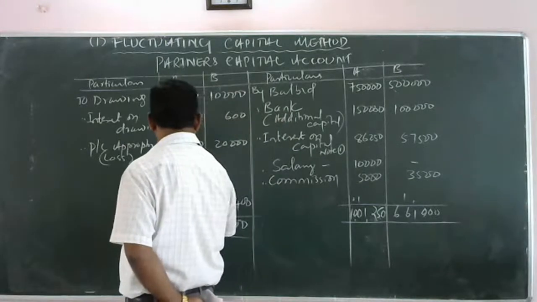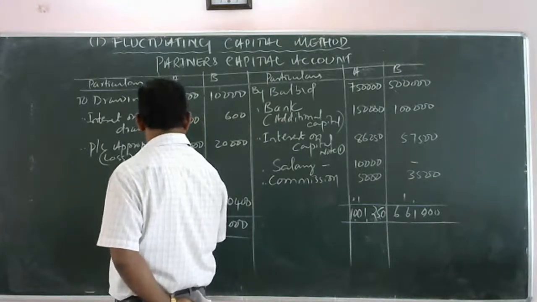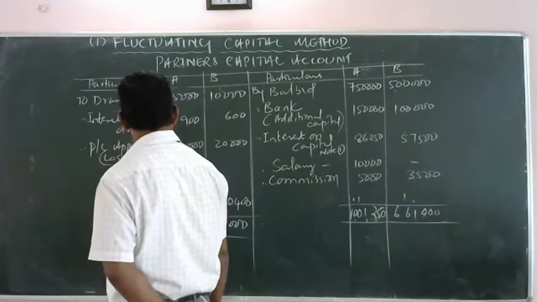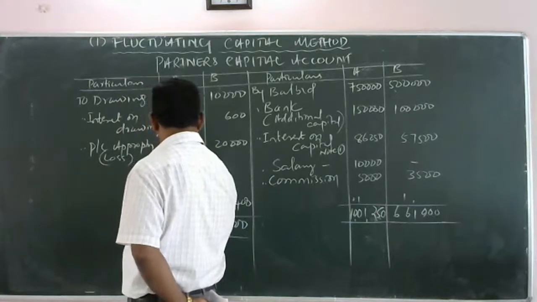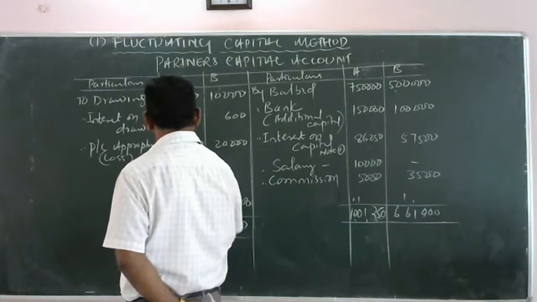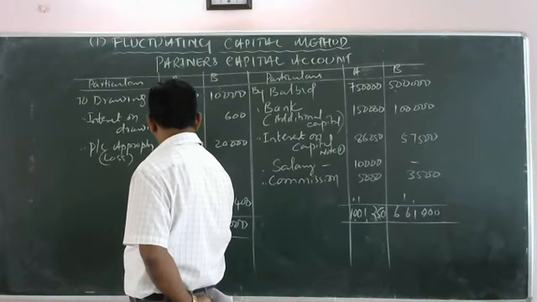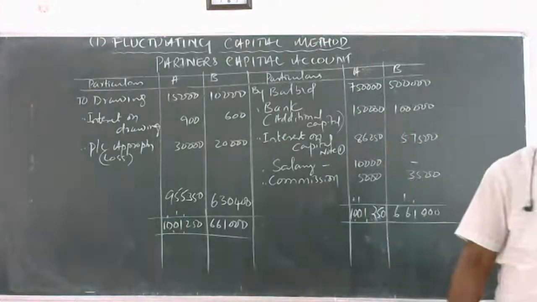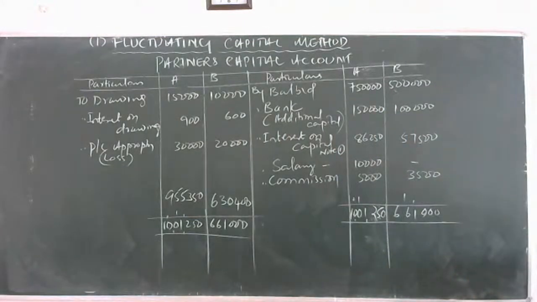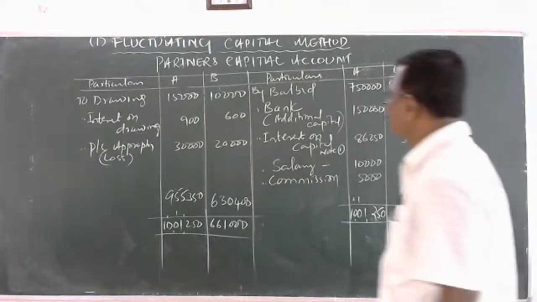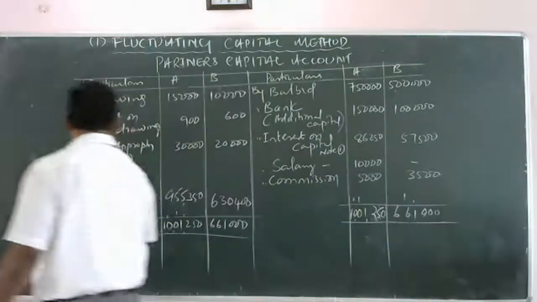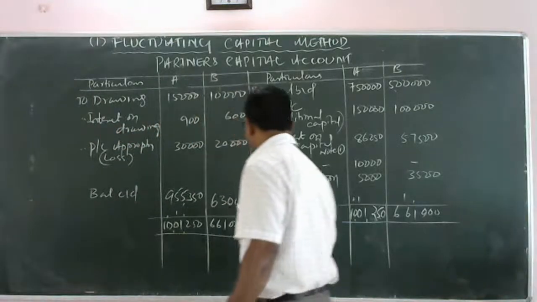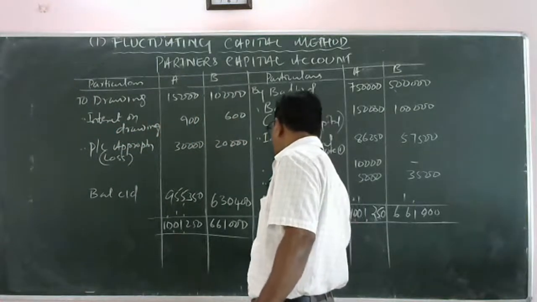And the balance of A here is 9,55,350. So 9,55,350 is the closing balance of capital A. 6,30,400.